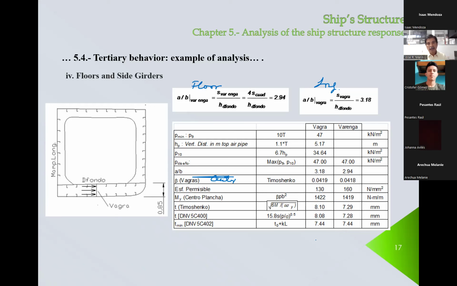Here again we have to calculate the limit state, considering operational and also accidental. In this case the operational is larger, so that's why we take 8.1, and to that we add a little bit for the corrosion allowance.